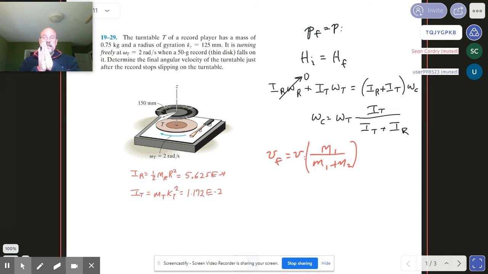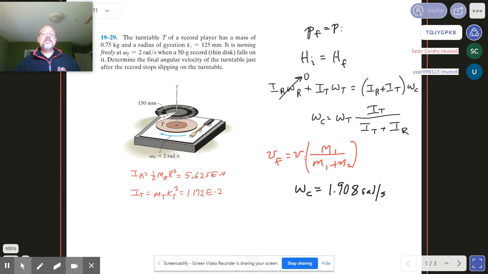When we combine them, that's the result that we get. Now, when you do the calculation using the numbers that I had, that combined velocity is 1.908 radians per second.